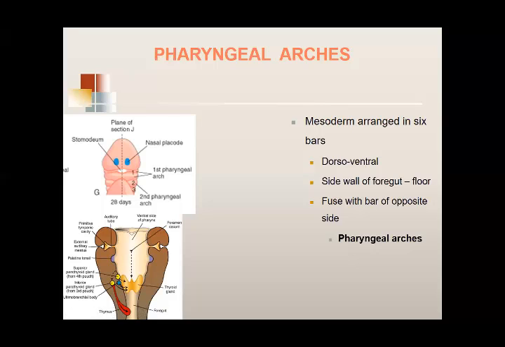ठीक है, ये pharynx का उन्होंने ventral wall बनाई हुई है, ये side walls है. And this would be the posterior wall. So ये bars इस तरह surround कर रही हैं pharynx को.